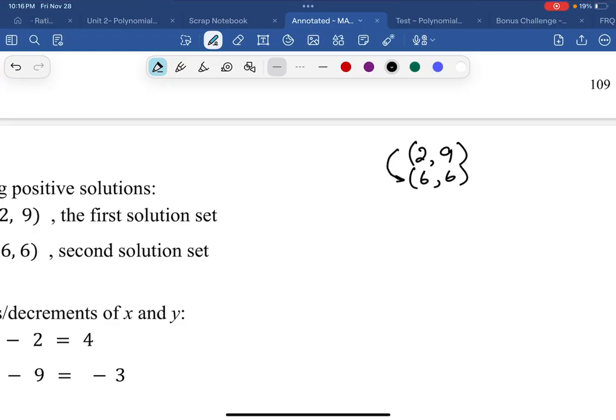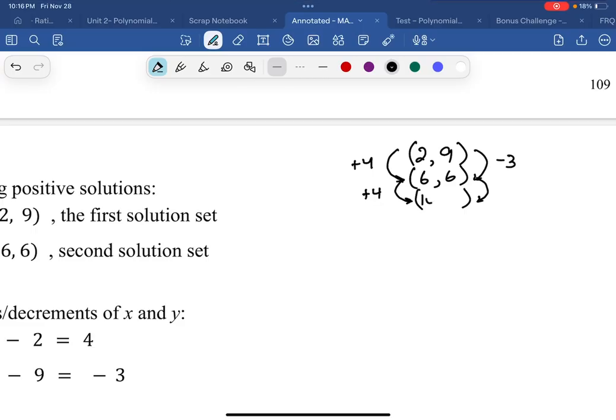Here, I'm increasing by 4 to get from 2 to 6, and decreasing by 3. So a 4-unit increment and a 3-unit decrement. I would increase and decrease by that same margin until I get numbers that don't make sense anymore.